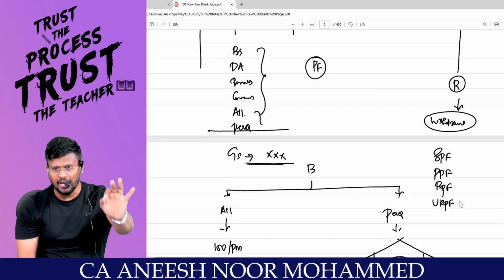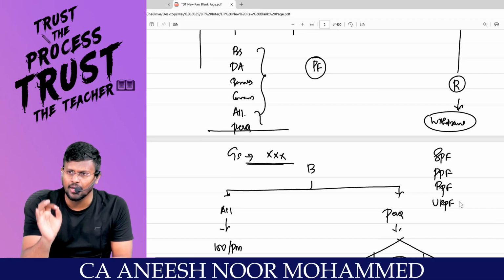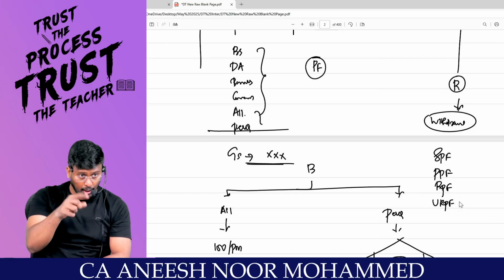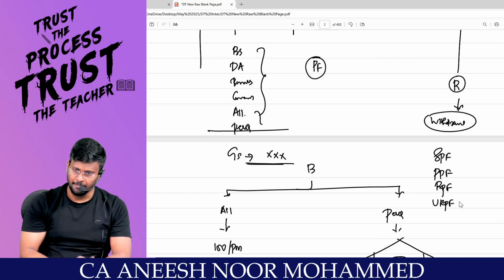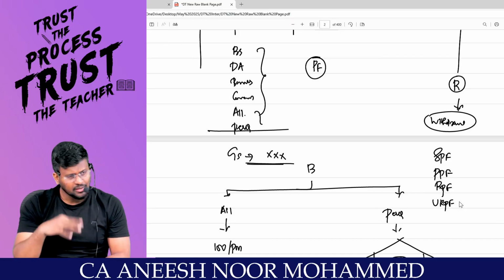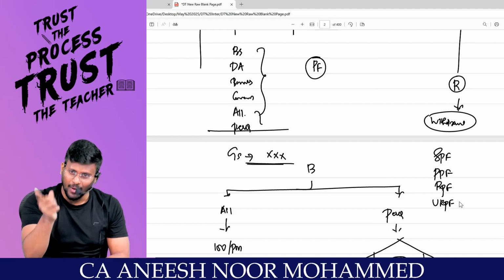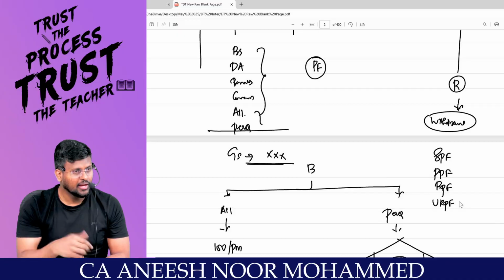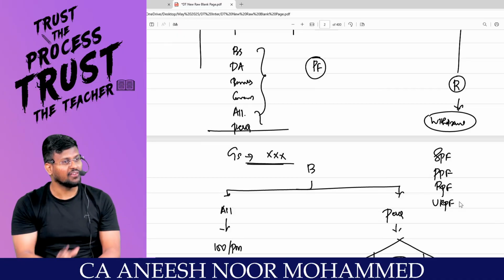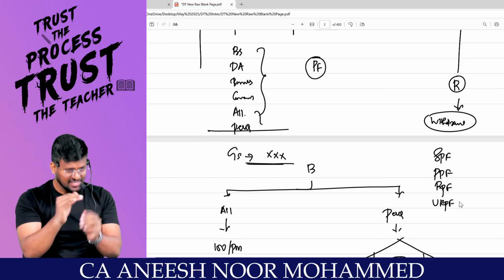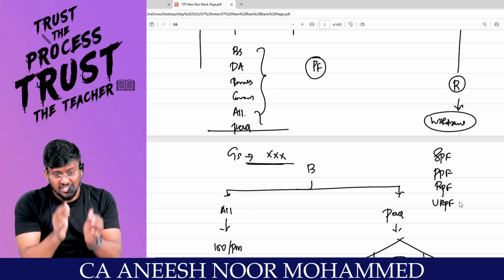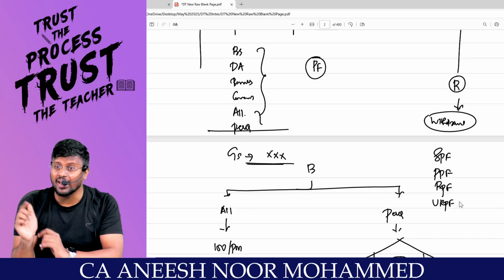I will tell you a situation. You are getting monthly 1 lakh rupees as salary. I am not your employer. Some other person is your employer. But because of the love and affection you have towards me, every month you are giving me 10,000, saying that I am saving that 10,000 with ANM.